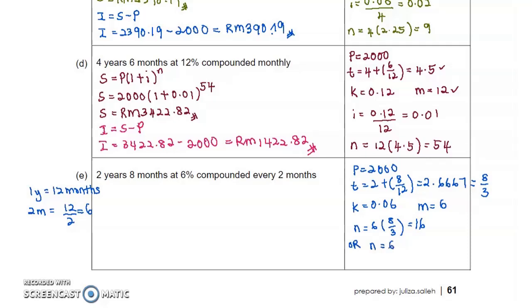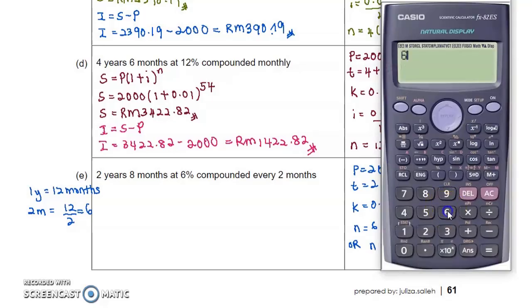So n equals m times t. So this one you will get 16.0002.